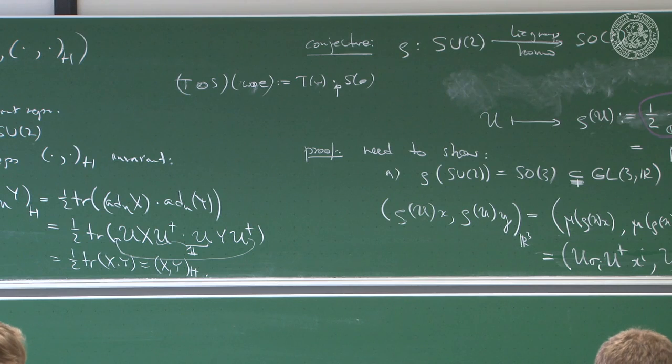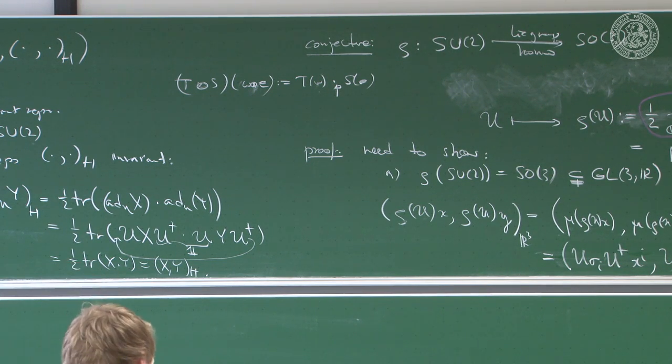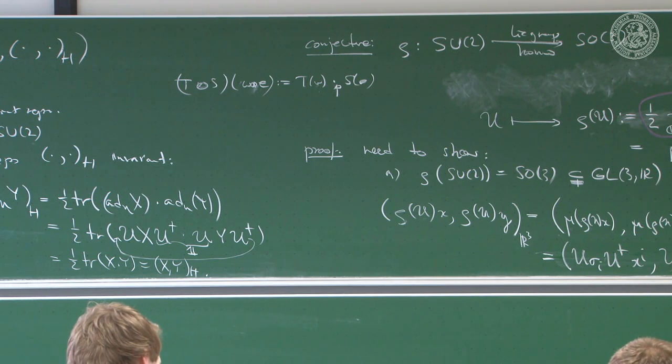But the x_i and x_j for every i, j is a big sum, and the trace is linear, so x_i y_j, and there's just the trace of u dagger sigma_i u dagger sigma_j u dagger. And of course they all go, there's one dagger too much here, this one is wrong. So they were wrong, right?